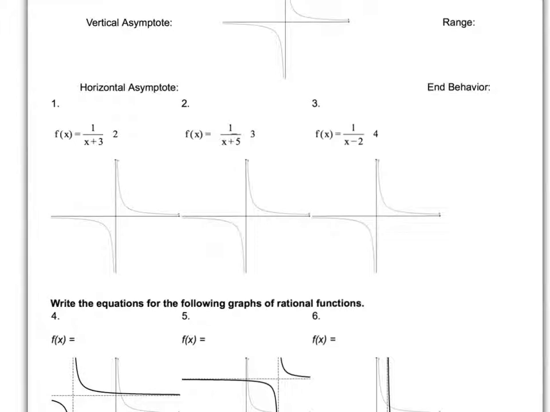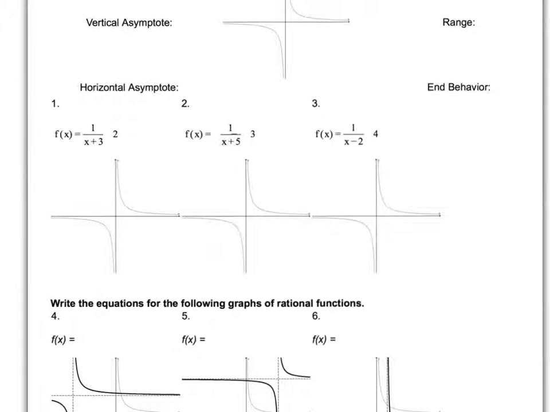So you're gonna want to go 5 to the left, 3, 4, 5. And down 3: 1, 2, 3, 4. Okay, here we go.